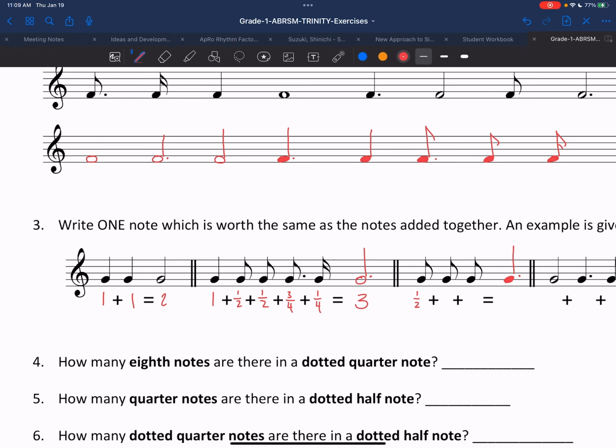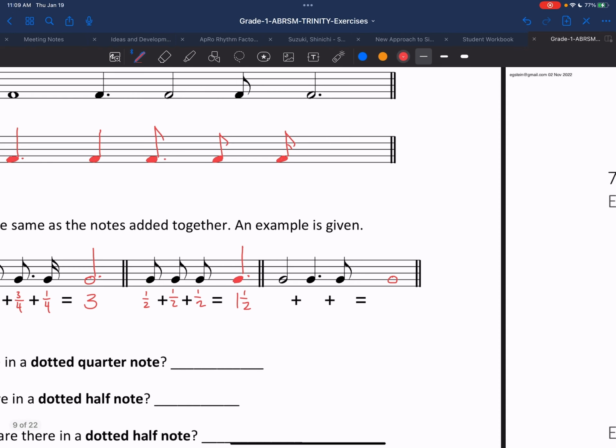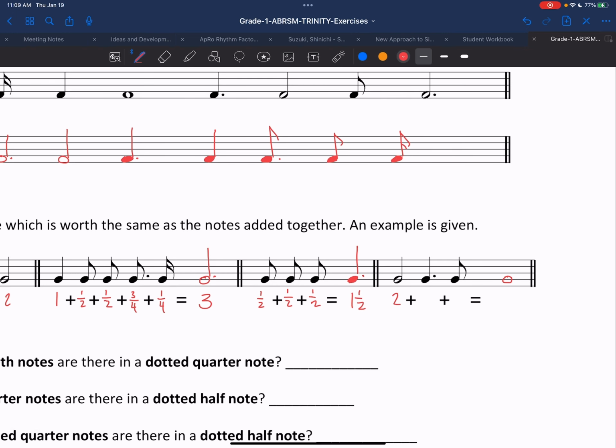We have a half plus a half plus a half, giving us 1.5. For our last question, we have 1.5 plus a half, giving us a total of 4 beats.